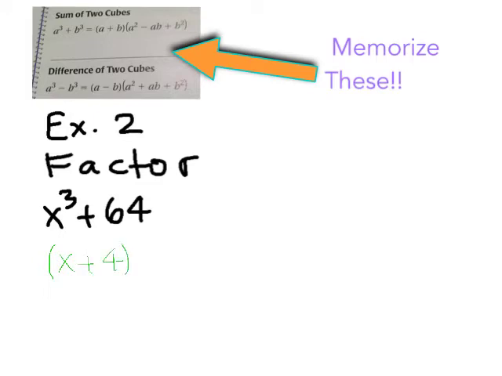If I have x cubed plus 64, then it factors to x plus 4, and then x squared minus 4 times x, plus 4 squared. These two signs have to be the opposite, and if you notice up here, those two signs are the opposite in both.